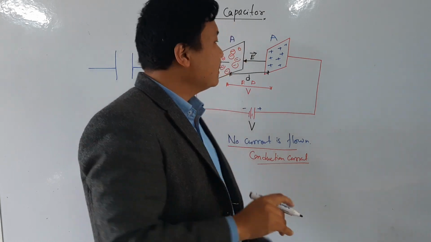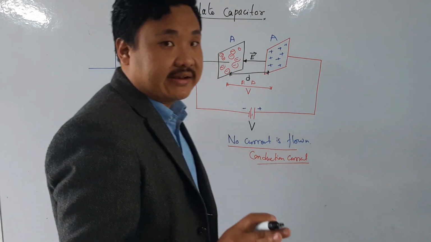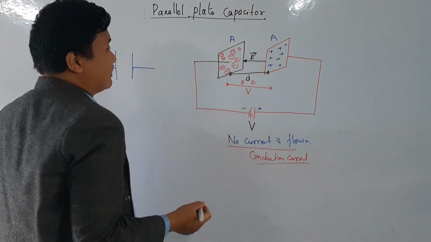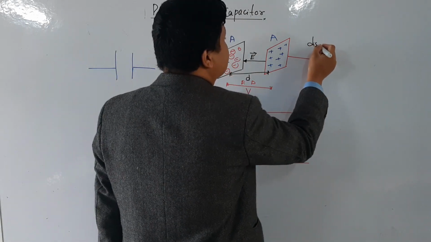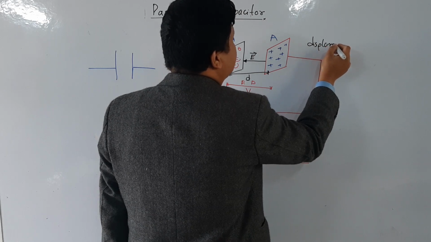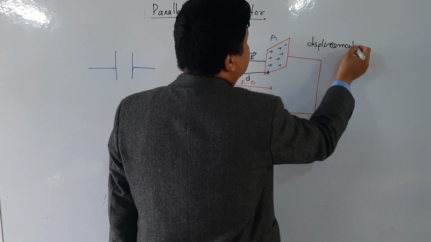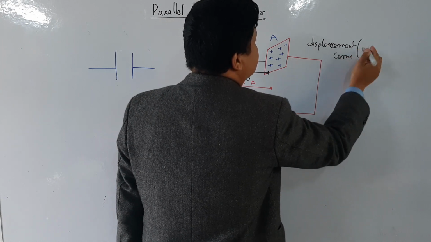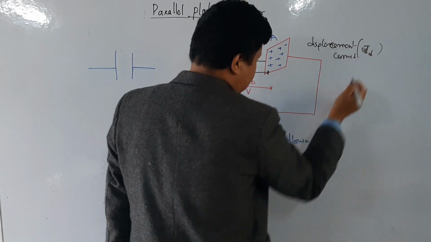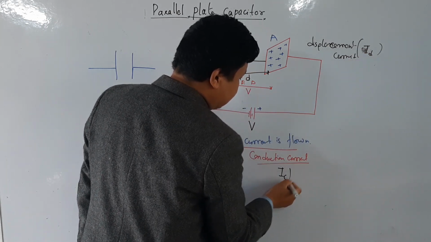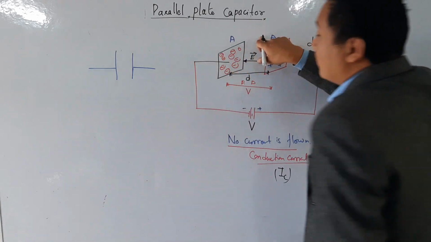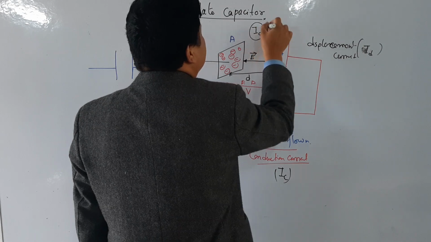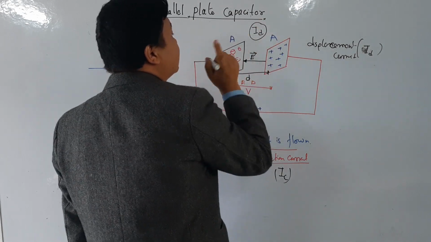But there is something called displacement current. Now one term we are introducing, that is displacement current. Displacement current is I_D, and this is my I_C. So there will be a flow of displacement current I_D between this plate and this plate.